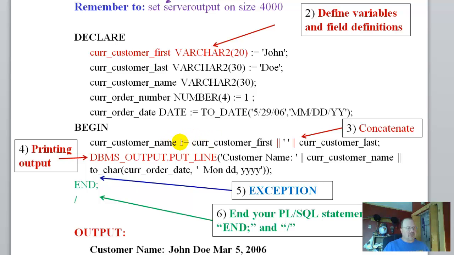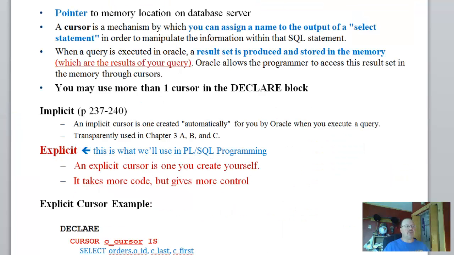You are assigning customer first name with a concatenate, double pipes, a space, and again concatenating a variable called last name, creating the current name from that, and then printing the output. So remember, that's what that output looks like. Okay, so that's a quick review of Chapter 4.